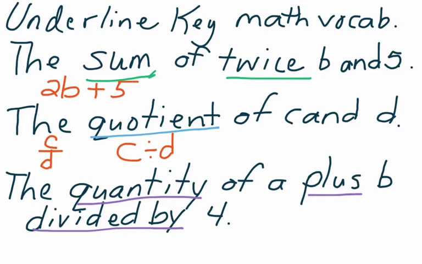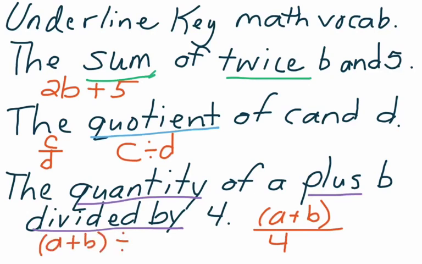So if we're going to do a quantity of A plus B, since it indicates parentheses, you're going to do parentheses A plus B, and divided by, we can make it a fraction, or we can do A plus B divided by 4. Okay?